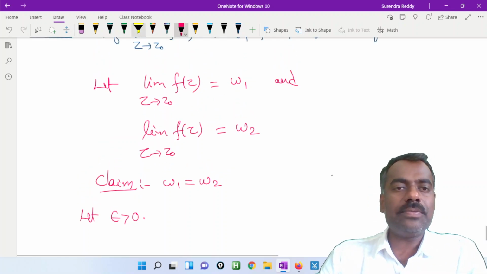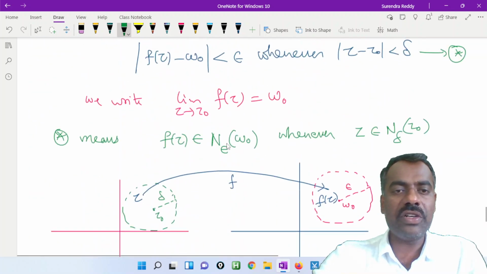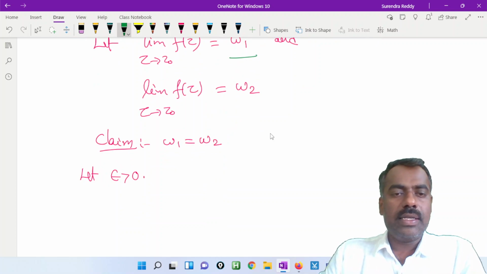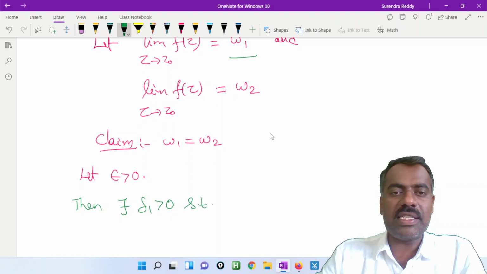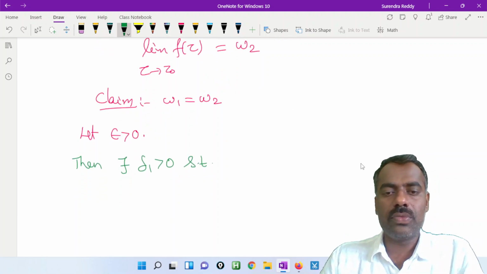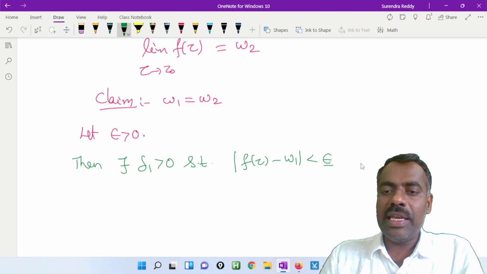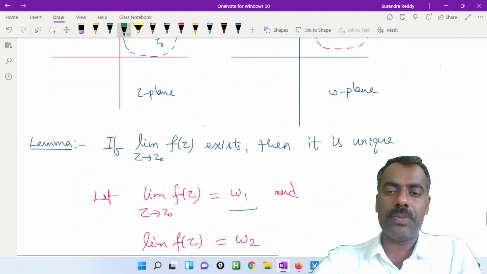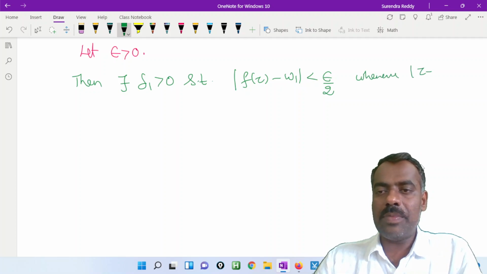Now using the fact that this limit is equal to w1, what do we get? By definition, given any epsilon, there is some delta. So there exists delta 1 greater than 0 such that mod f of z minus w1 is less than epsilon by 2, because it is true for any epsilon, so we take epsilon by 2, whenever mod z minus z naught is less than delta 1.